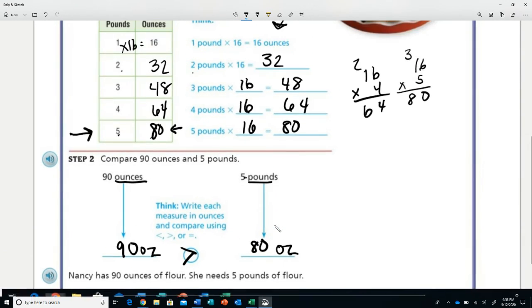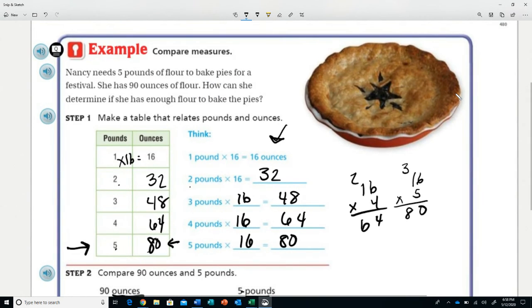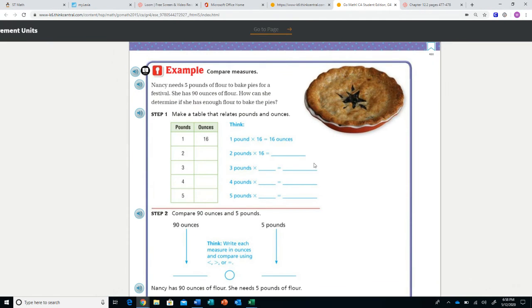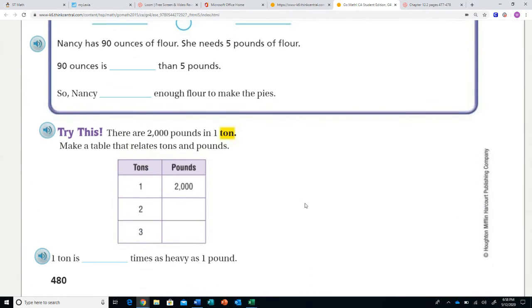All right, so let me go ahead and close this out. Like I said, this table here before I leave, this is a good table to remember because when you come back, you don't have to redo your math again up to 5 times 16. All right, so, it's the very bottom.